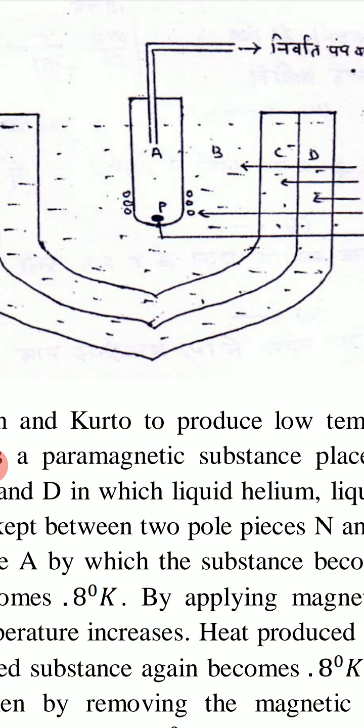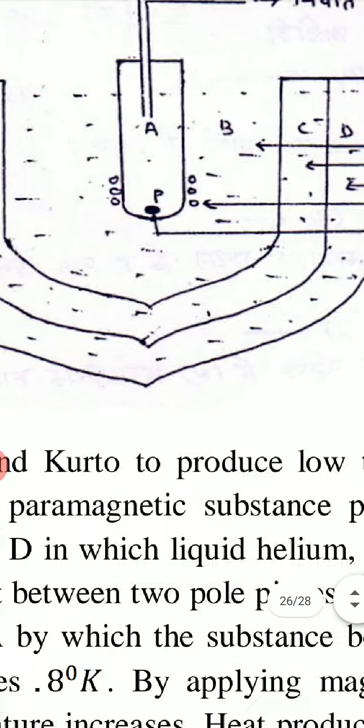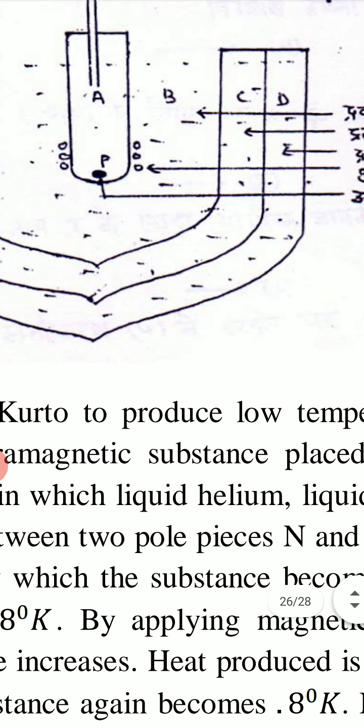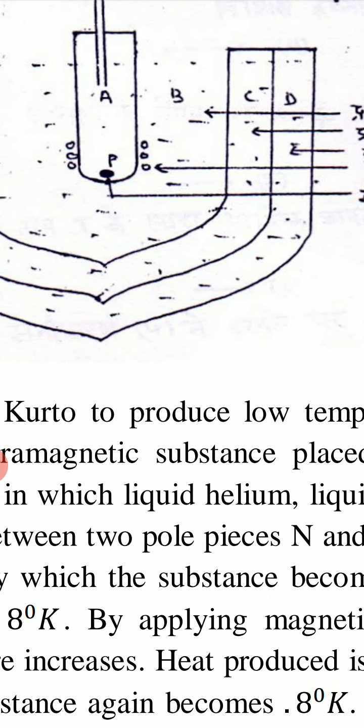To determine the temperature of the paramagnetic substance, this coil is wound around tube A, which is shown by the circles around tube A, 3 circles on left and 3 circles on right.